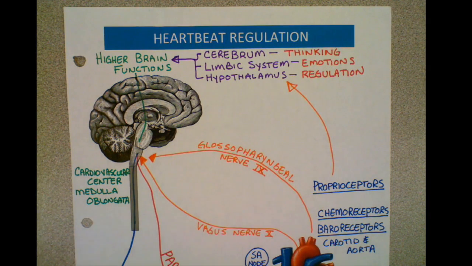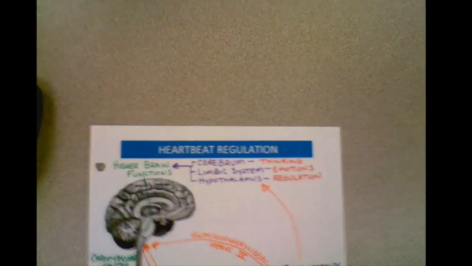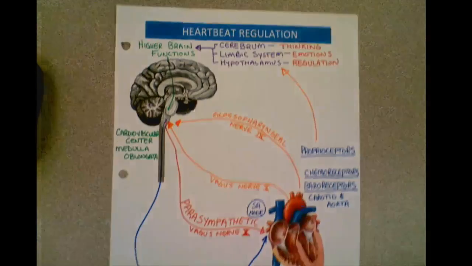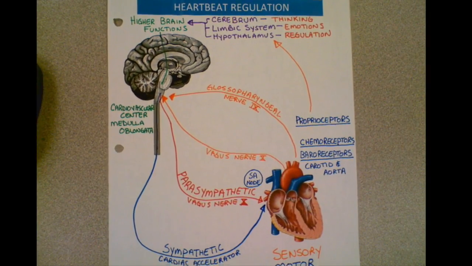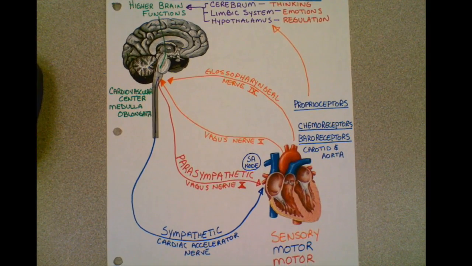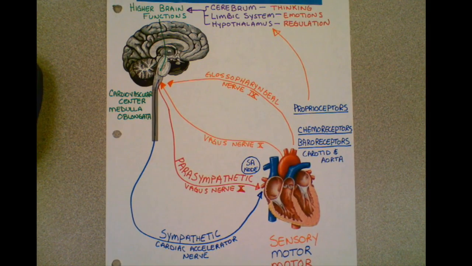So the cerebrum is doing the same thing. So this is handout 20D, and it's showing us the nerve regulation of the heartbeat. All right? So we have one other thing to mention, which is hormone regulation.